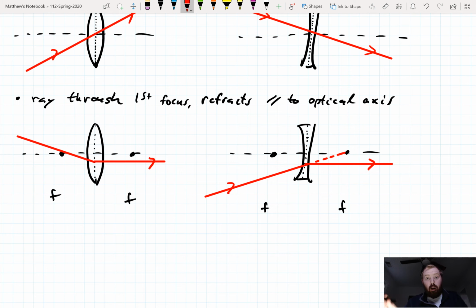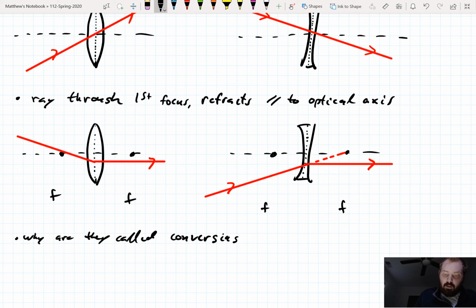So there's our principal rays for converging, diverging lenses. So before we do the problems, what are they called? Converging and diverging.